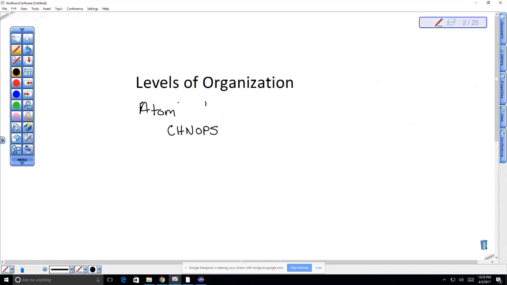So what do you think C stands for? What type of atom do we have that is very common in our body that starts with a C? Carbon, excellent. How about H? Hydrogen. N? Nitrogen. O? Oxygen. P?